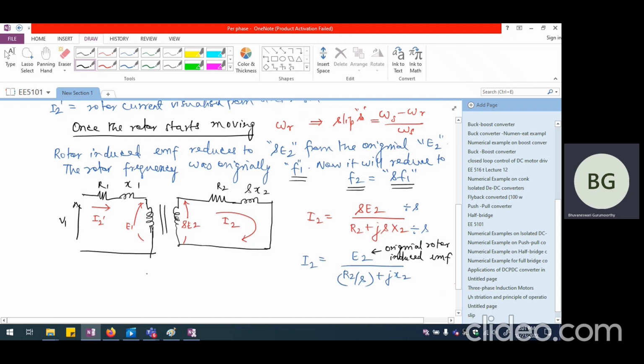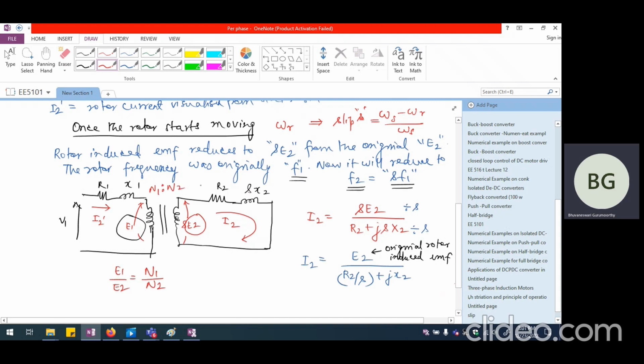So E1 and E2 are basically related, not SE2, only E2, by the turns ratio: E1 by E2 equal to N1 by N2, where this is N1 and this is N2.